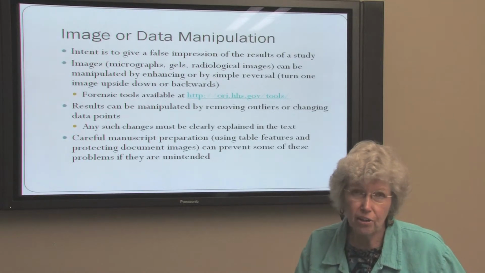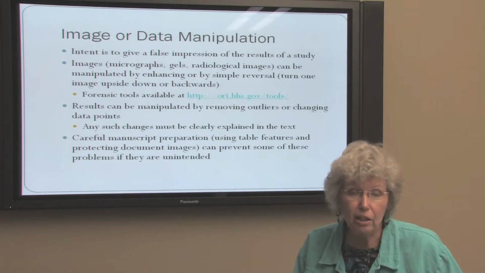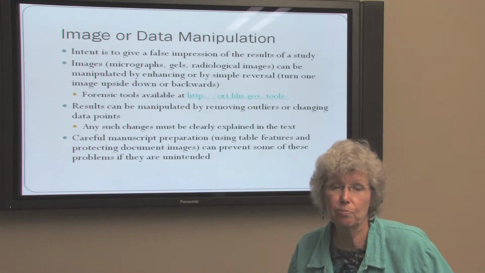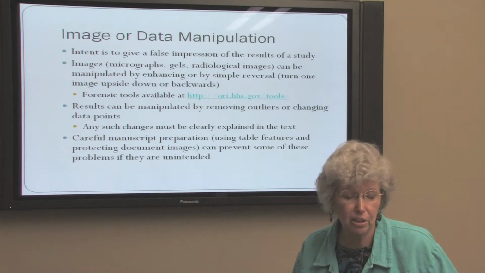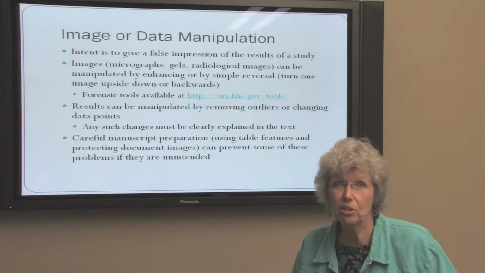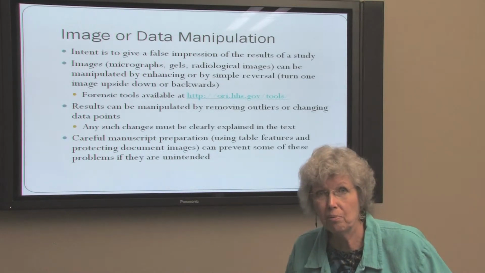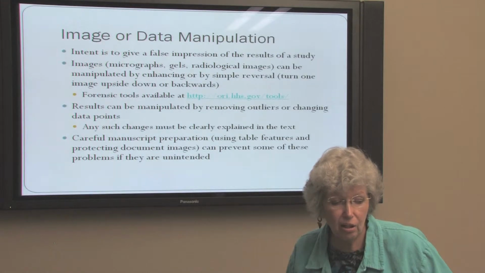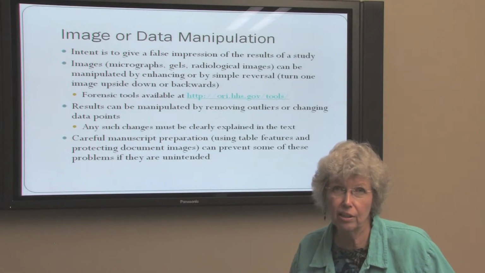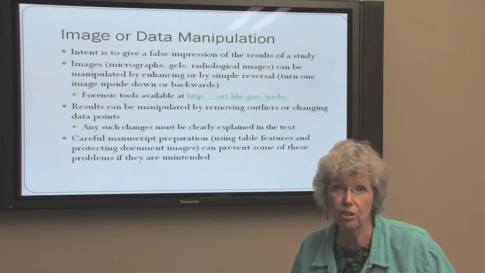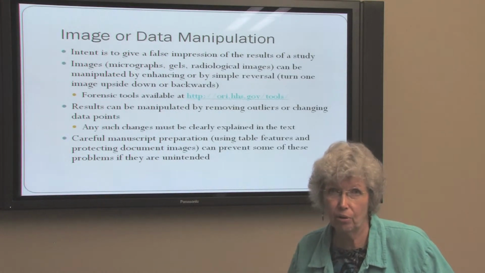Another thing that I see more frequently, I don't get images per se that would be subject to this kind of manipulation, but what happens sometimes is that tables, if they're not set up appropriately in the original manuscript submission, do not render properly when they are turned into the typeset program.